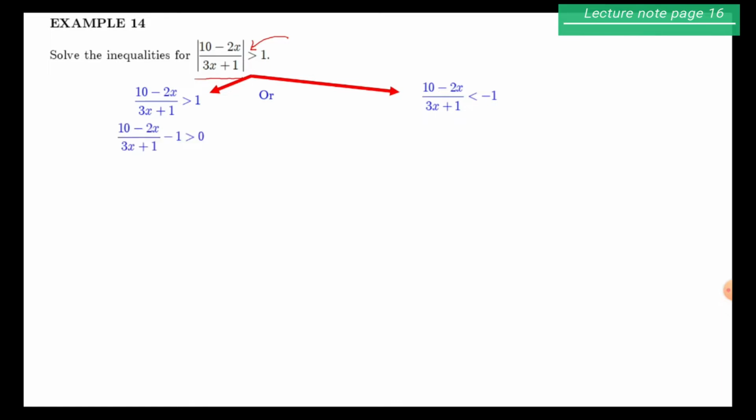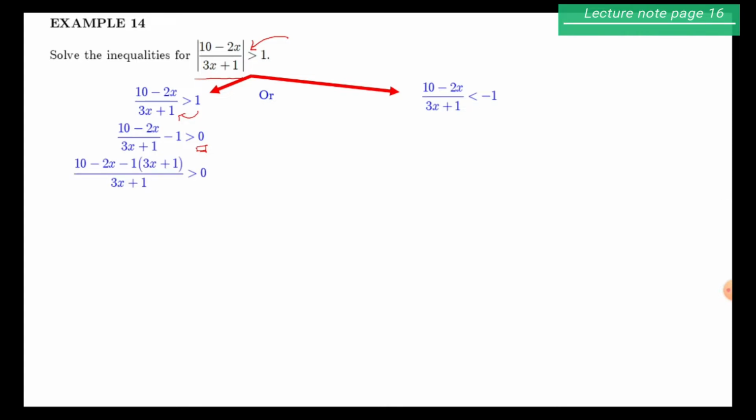Next, I want to start with the left side of our inequality. The number 1 that we have here, we need to bring to the left side. So we have (10 minus 2x) over (3x plus 1) minus 1 is greater than 0. We need to make sure that the zero is on the right side of our inequality.